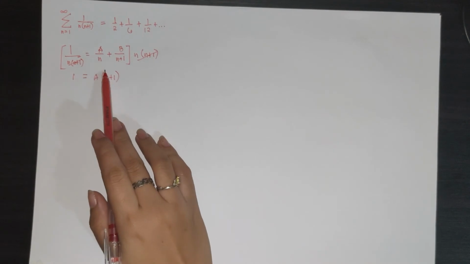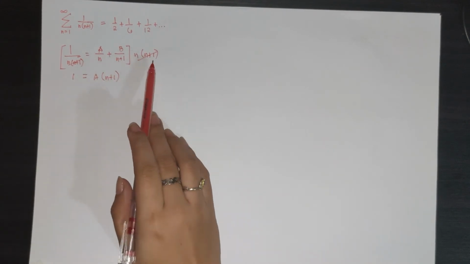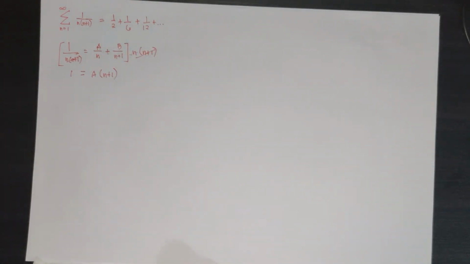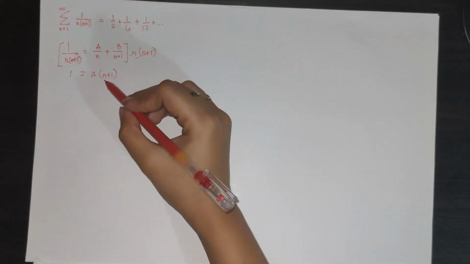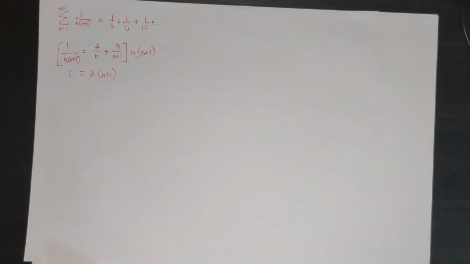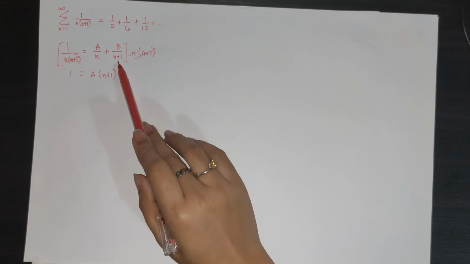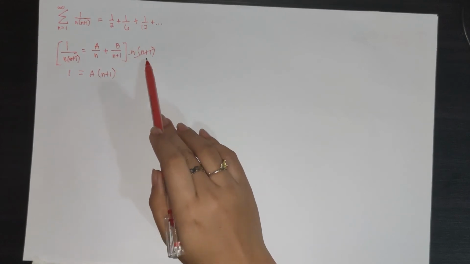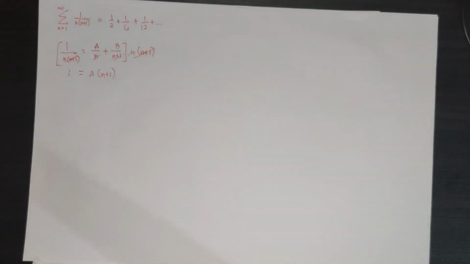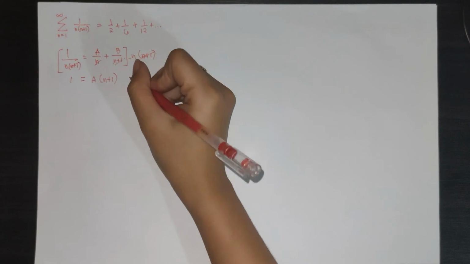So a over n multiplied by n times n plus 1, the n will cancel, giving me a times n plus 1. And then if I take this fraction multiplied by n times n plus 1, the n plus 1 factor will cancel and leave behind bn.